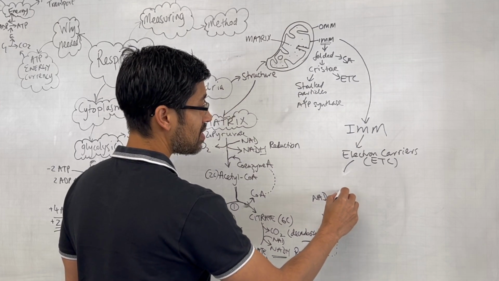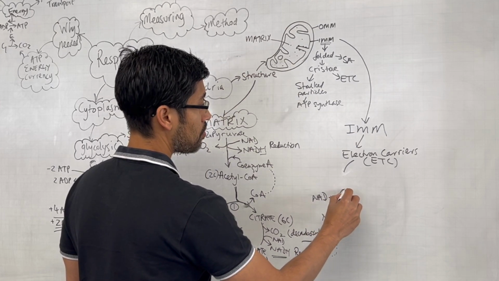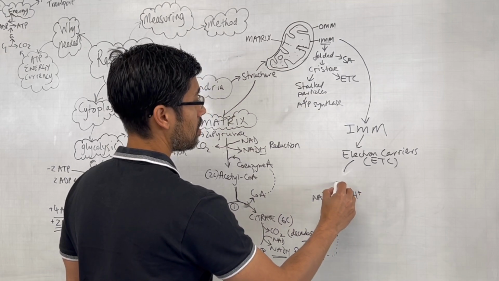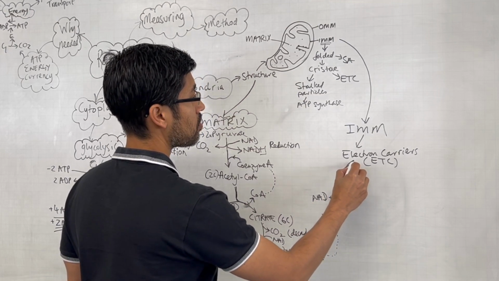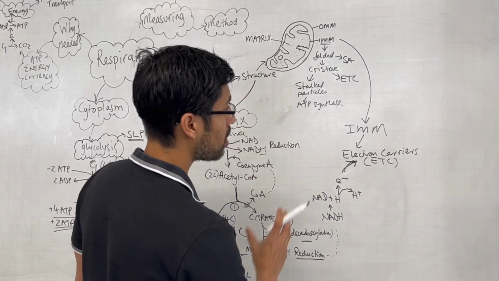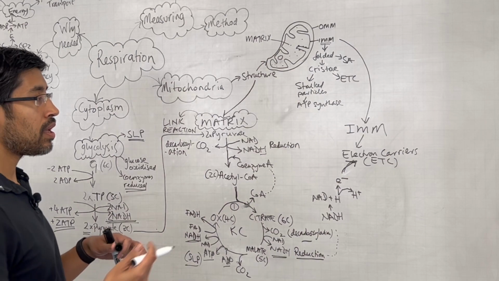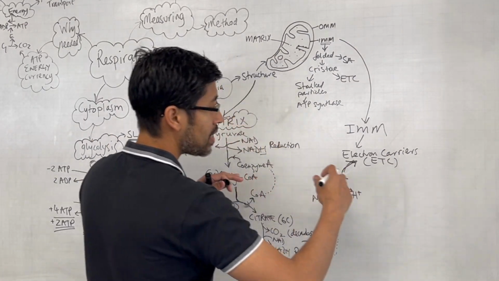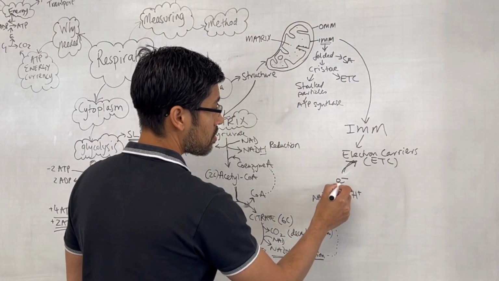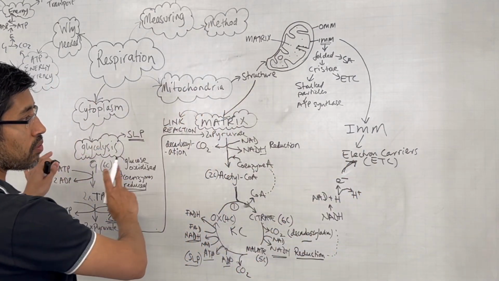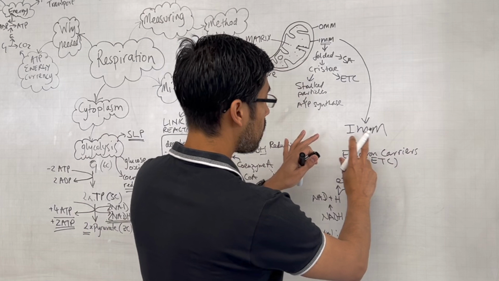The H itself is splitting up into protons and electrons, and the electrons are being delivered into the electron carriers. Okay, so the electron carriers take these electrons, which is only possible because of all the things that happened before, right?